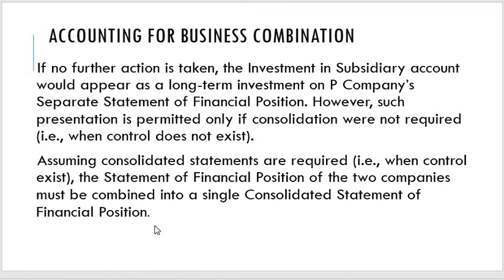However, when control exists, it is required that the separate financial statements of the parent as well as the separate financial statements of the subsidiary will be consolidated. So the statements of financial position of the two companies must be combined into a single consolidated statement of financial position.